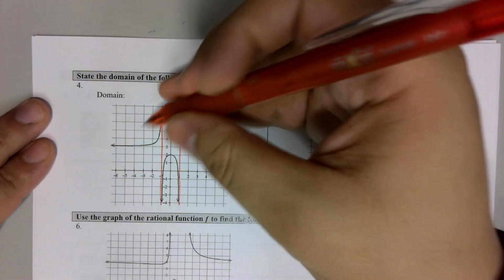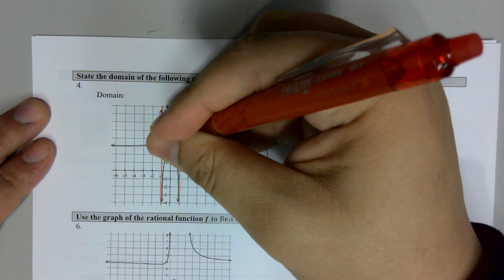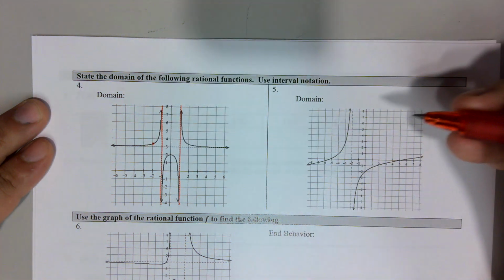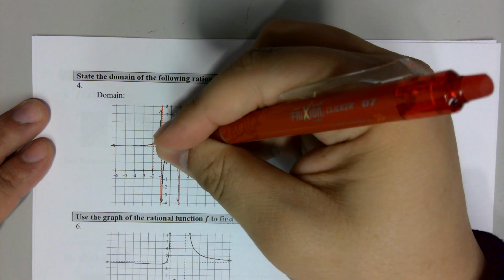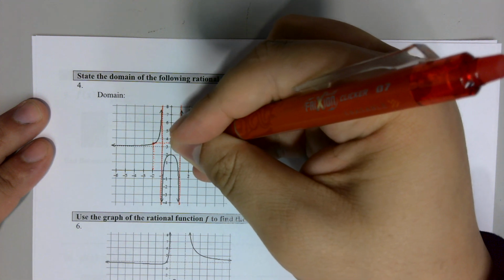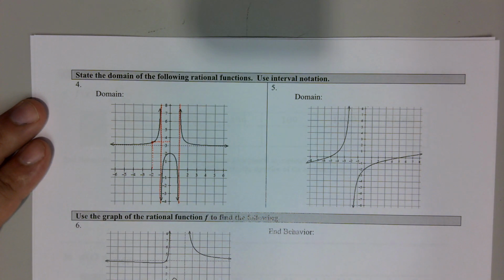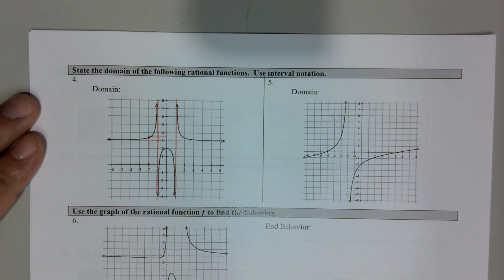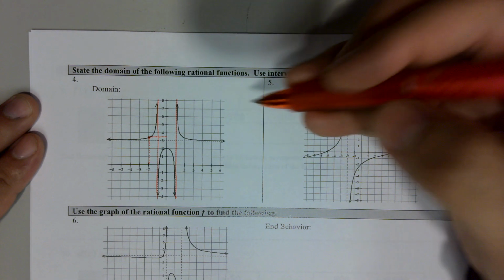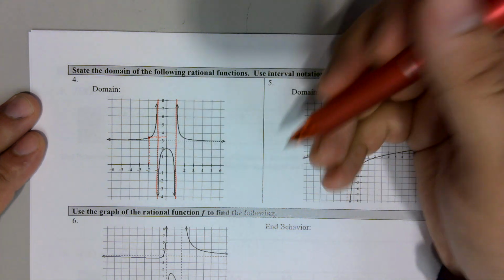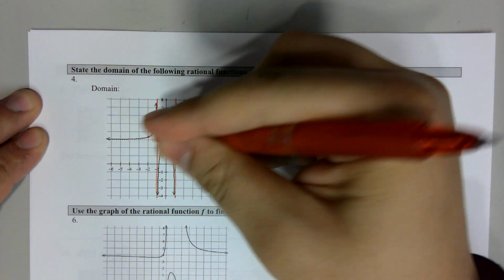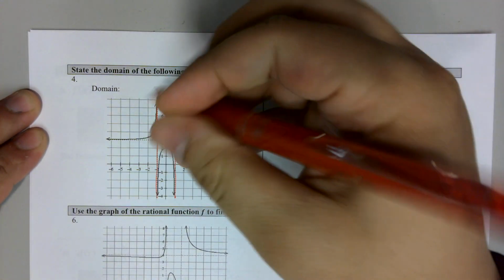If I plug in x equal to negative 2 right here, that means I have an x value of negative 2 and a y value of somewhere around 3.5 or so. So our function is defined everywhere else. It's just these vertical asymptotes that it is not. So we just have to identify where those vertical asymptotes are, and that'll tell us our domain.